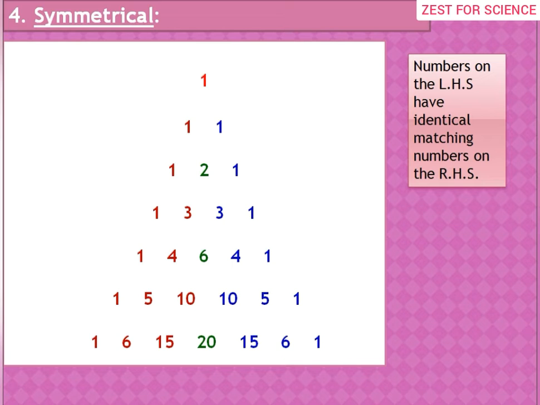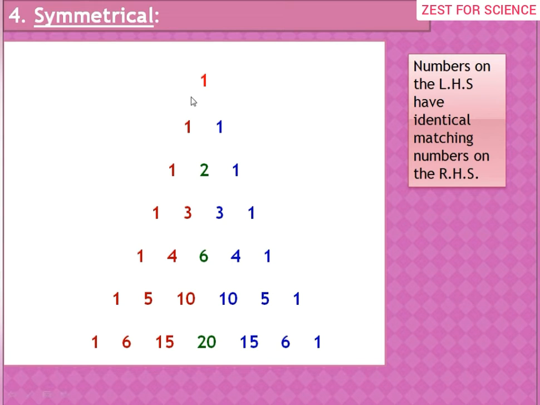Now goes to the fourth importance, which is that it's a symmetrical triangle. That is, the numbers on the left hand side have identical matching numbers on the right hand side. Look at here.